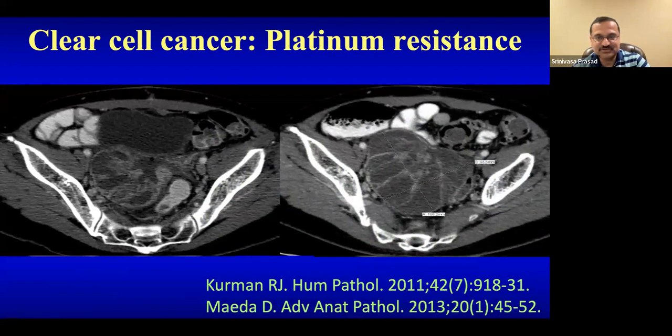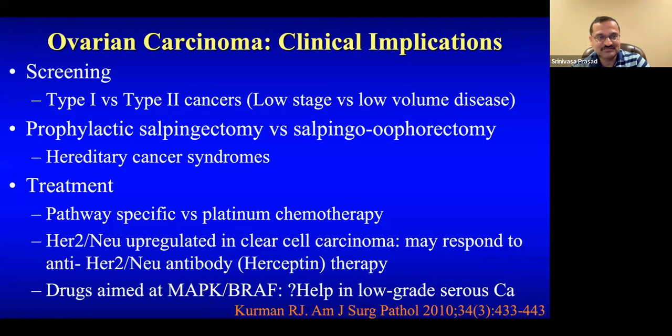So these are the patients that will benefit from a pathway-specific chemotherapy, or the so-called targeted therapeutics. So one size fits all will not work in many of these patients.